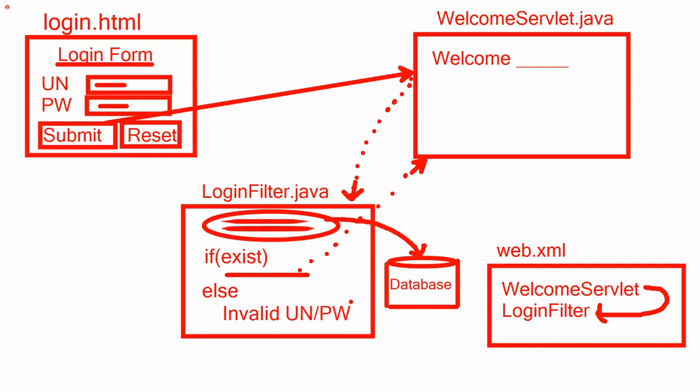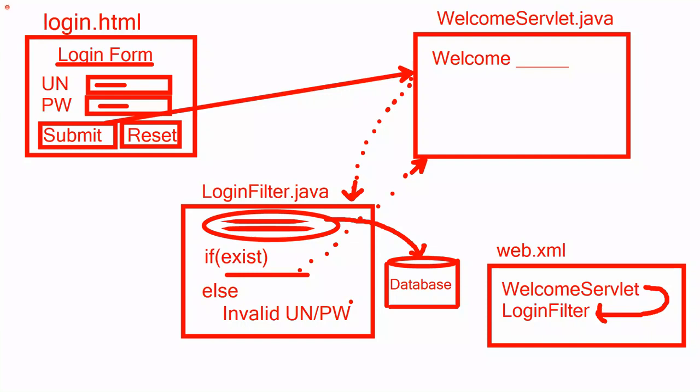Now I'll ask questions, give me the answer. When I click on the submit button, control comes to welcome Servlet or login filter? Welcome Servlet, then control is diverted to login filter. Is that through Java code or XML code? Through XML code.